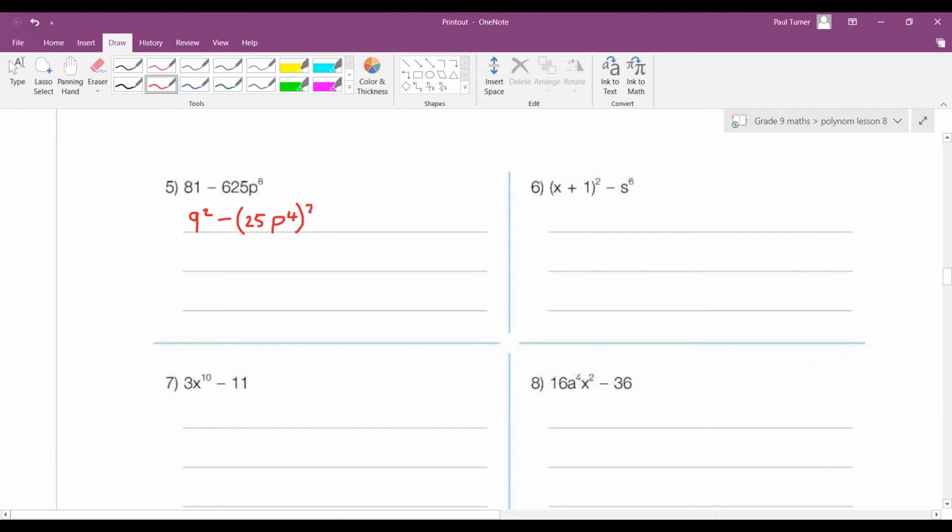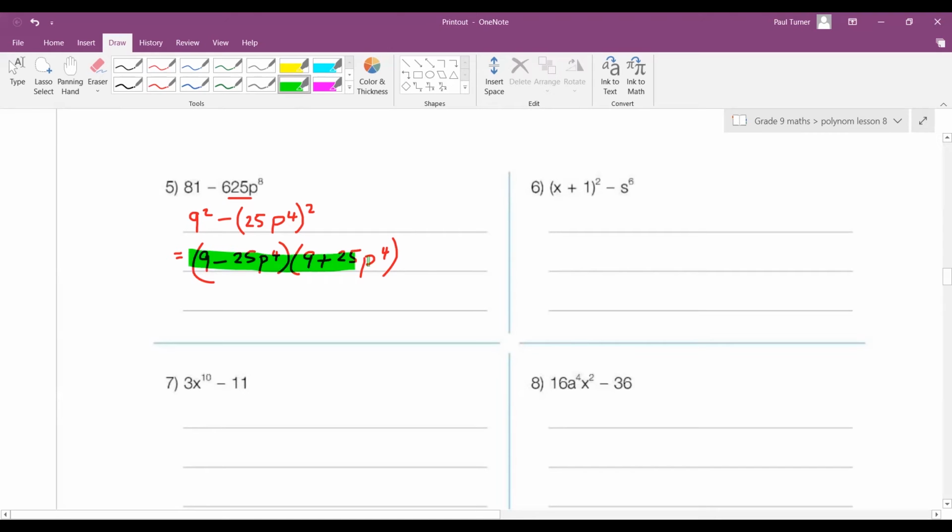P^4 squared. So 25 squared is 625. P^4, 4 2s are 8, P^8. So we can write our factors: 9 minus 25 P^4, 9 plus 25 P^4. There you go. So any question, just ask.